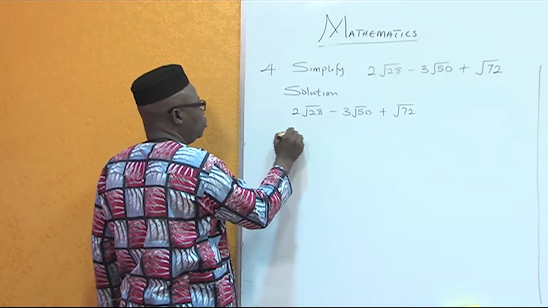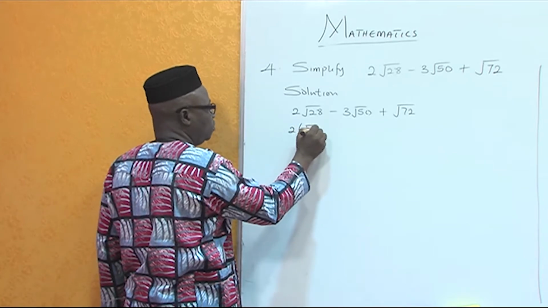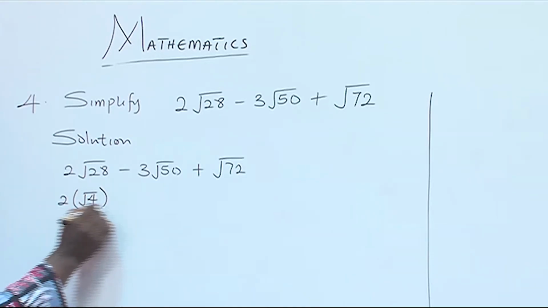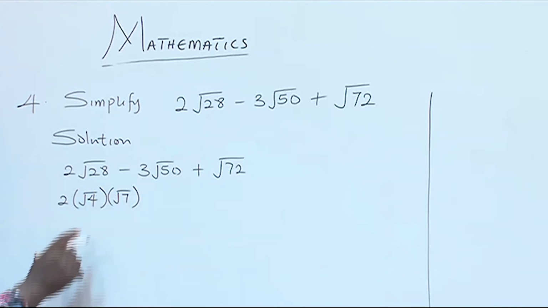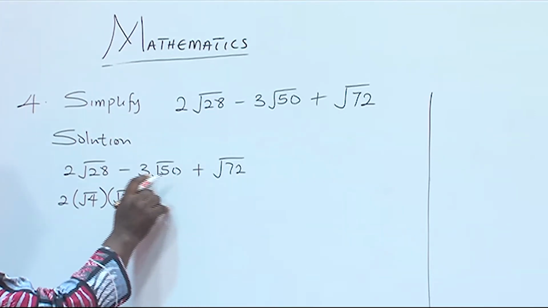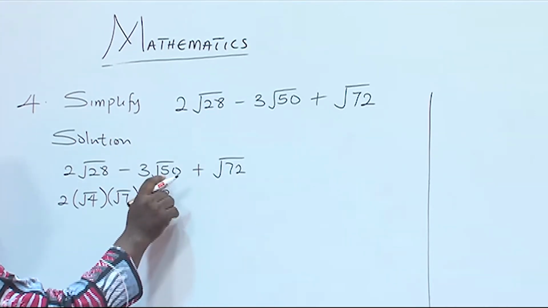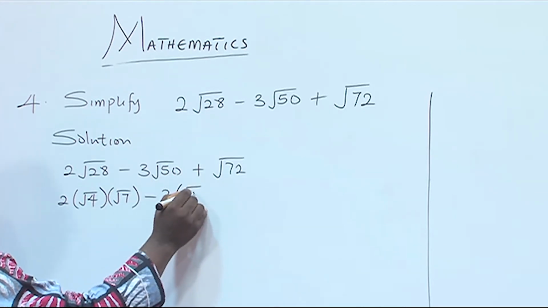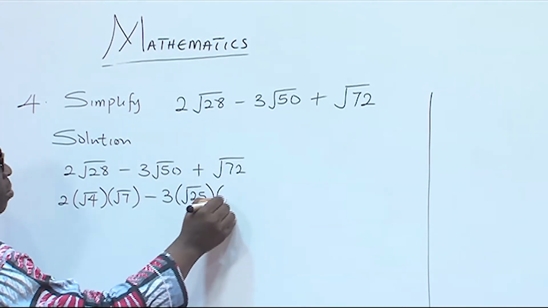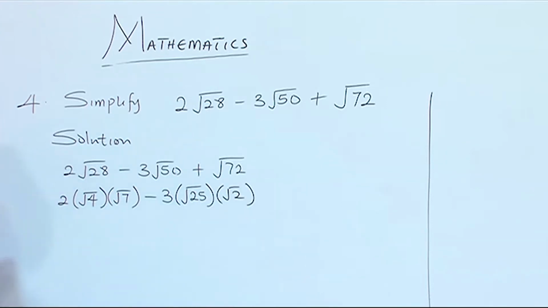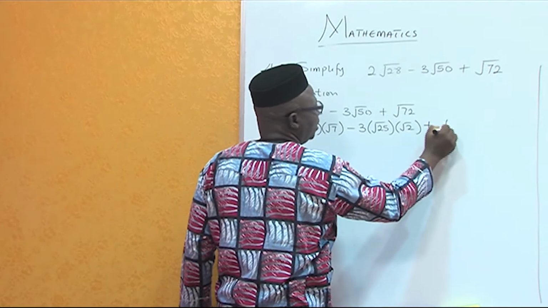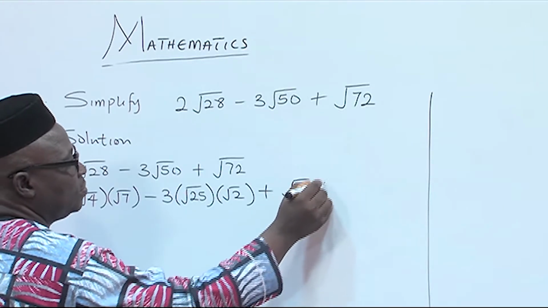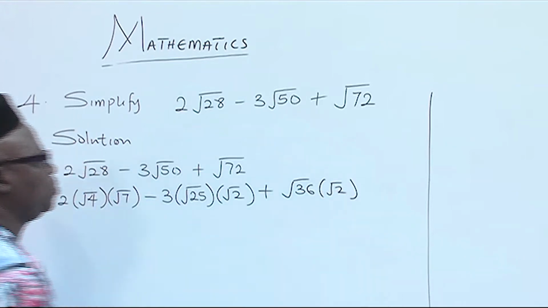So root 28 can be written as root 4 times root 7, because 4 is a perfect square. Root 50 can be expressed as root 25 multiplied by root 2. Then plus root 72 can be expressed as root 36 multiplied by root 2.